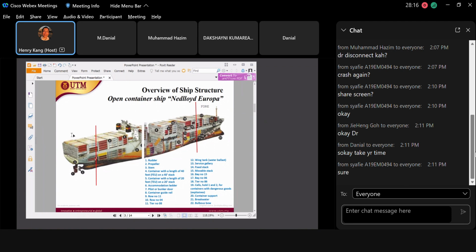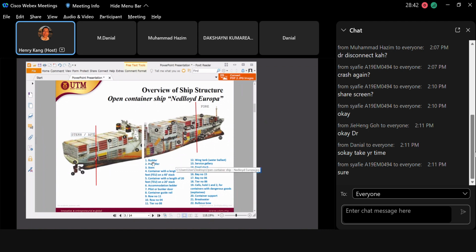Then the second part, also of our concern, is the stern part, or sometimes we can say aft. Stern or aft means the back side.